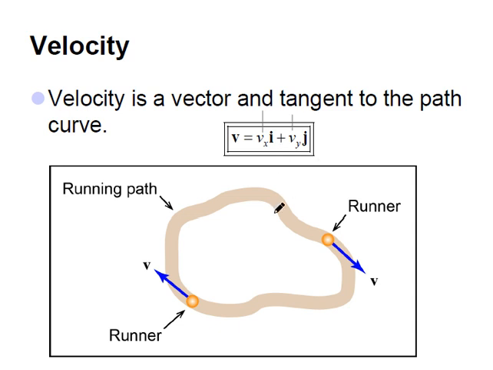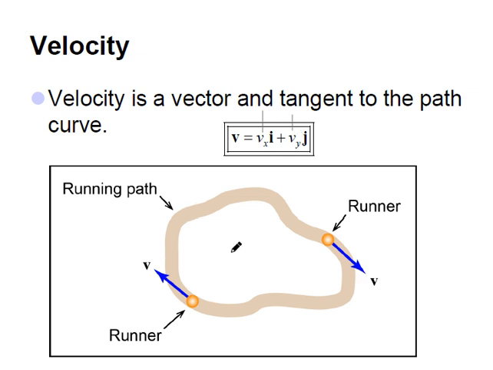All right, so this is your running path, and that is the runner, the object of interest, and this is another runner, another object of interest on this path. They're going with this velocity, and that velocity can be identified by using this. We can get the accurate value of the velocity of each runner by calculating this.